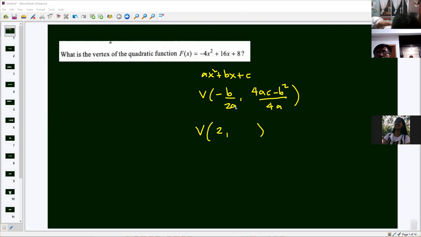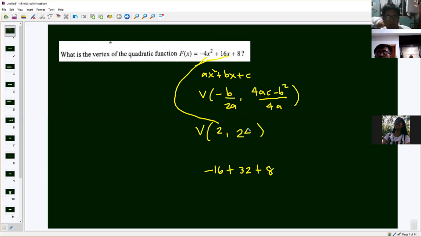Now, the answers differ in the y coordinate. For me, I will not use the formula if substituting is fine. I'll just substitute: 2 squared is 4, times negative 4 is negative 16, plus 16 times 2 is 32, plus 8. So you have 40 minus 16.